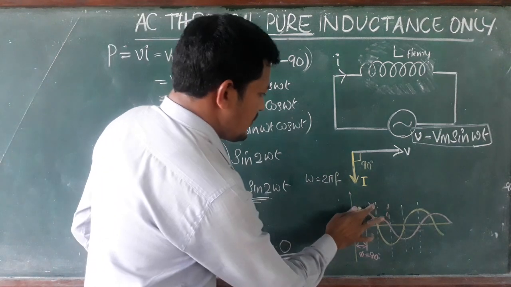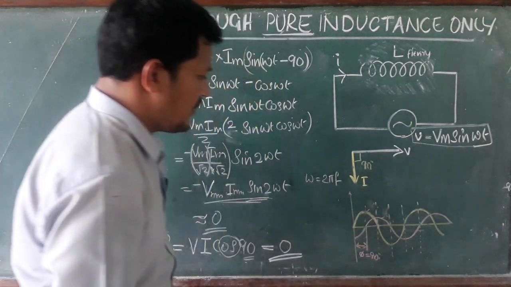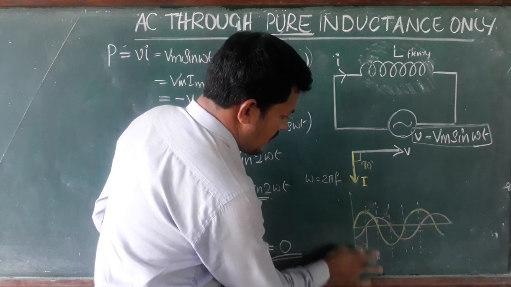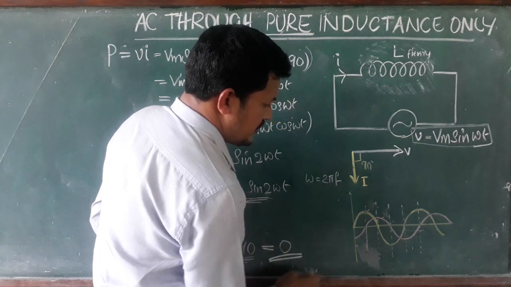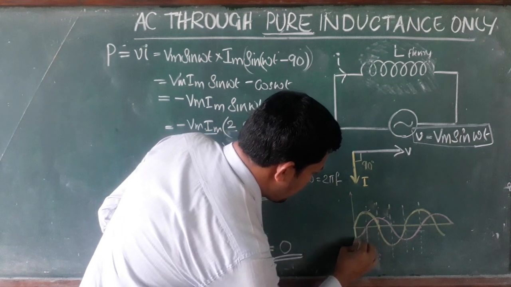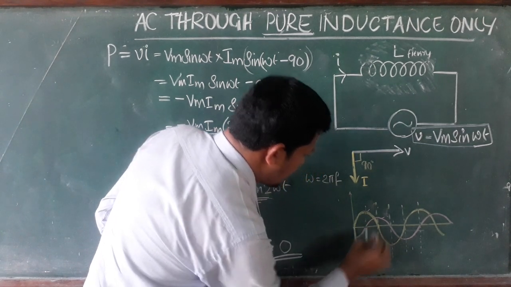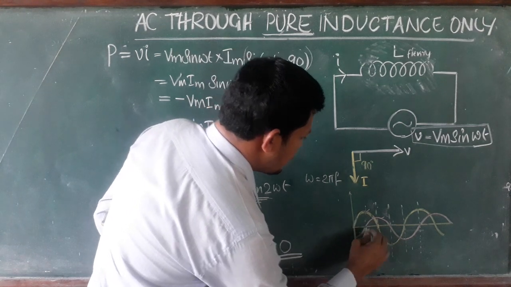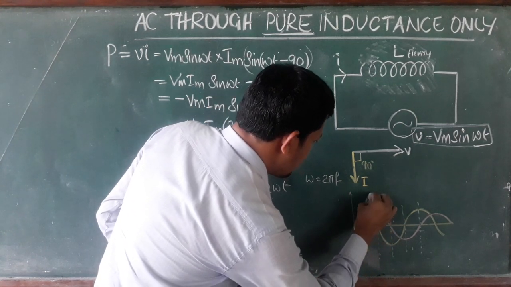Now I am going to draw the power waveform. Here positive voltage, negative current, so I am going to draw negative power. Clear? Positive, negative, power. Next positive power.